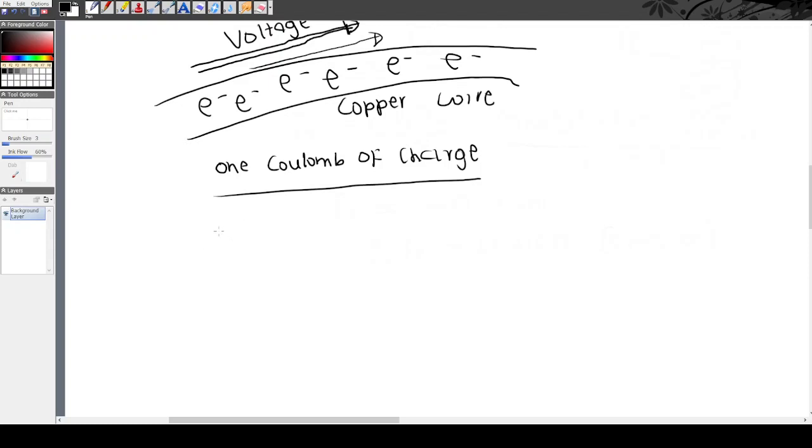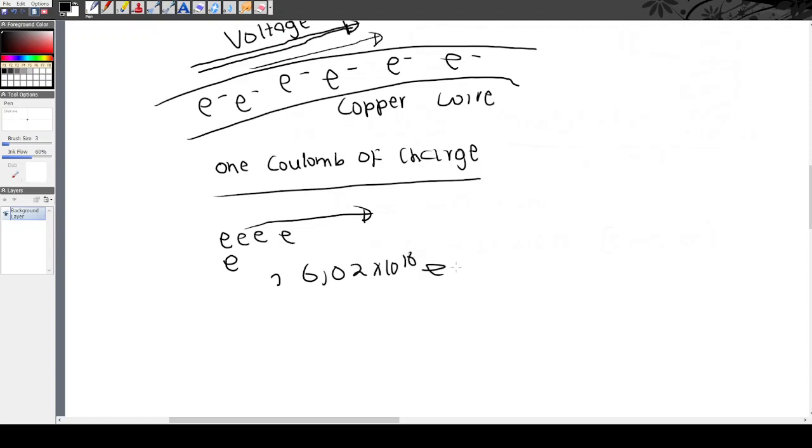Okay, when scientists were dealing with electricity, they realized, it's insane to talk about electrons one by one, because when we talk about electricity, we say it's the flow of electrons. Well, how many electrons? So scientists decided that 1 coulomb is 6,02 times 10 to the power 18 electrons.